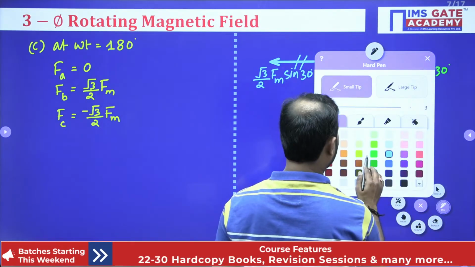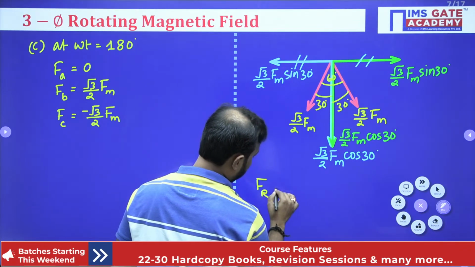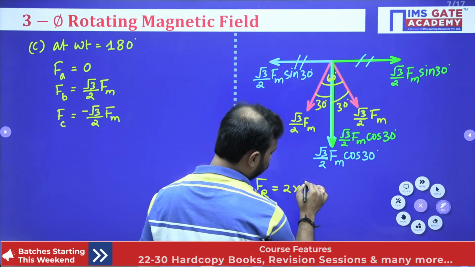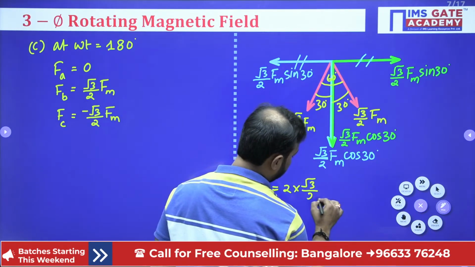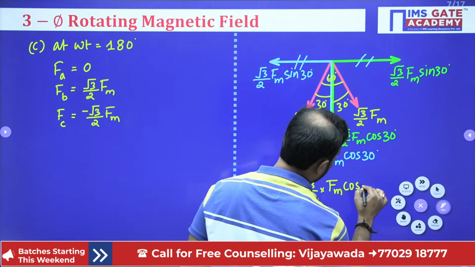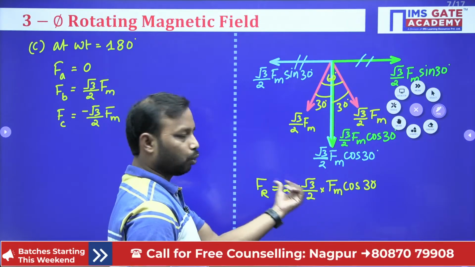And your resultant Fr will be what? Only by these two components. So this will be 2 times of root 3 by 2 Fm cos 30. So root 3 by 2, so 2 will be cancelled out.